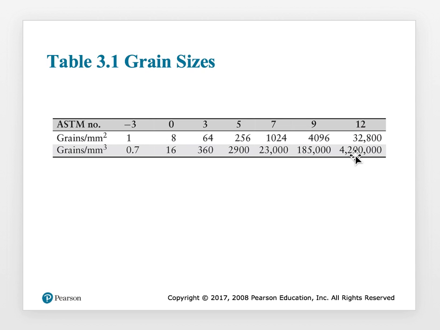Just imagine, there are so many grains. So if you increase the grain size number to 12, it is much harder for you to move these sets of atoms compared to the grain size number 0 or grain size number 3. So this one will obviously have a much higher tensile strength compared to this material.